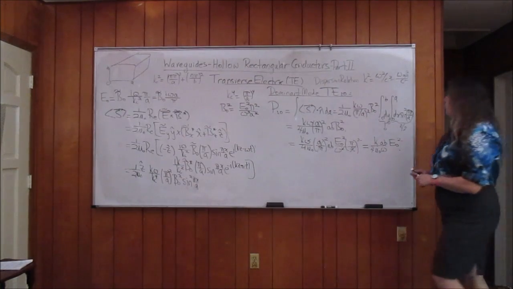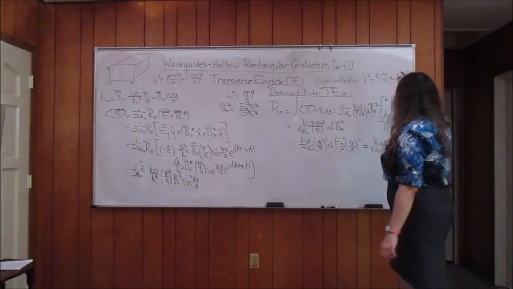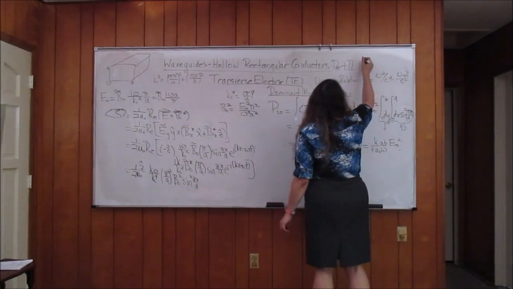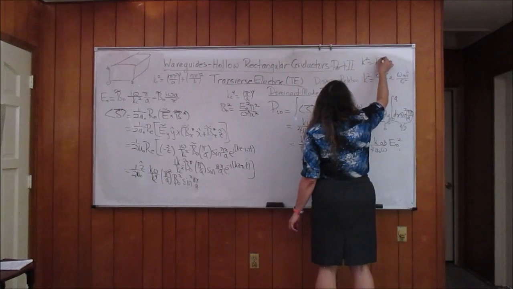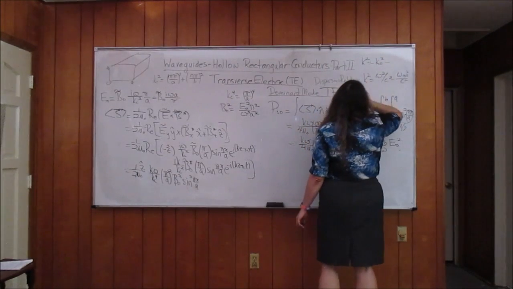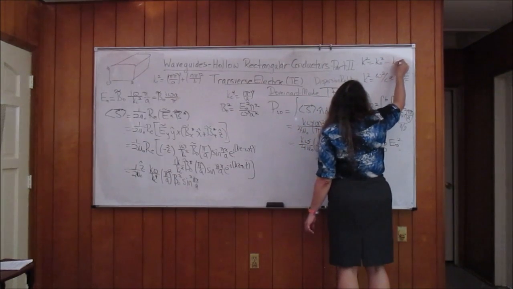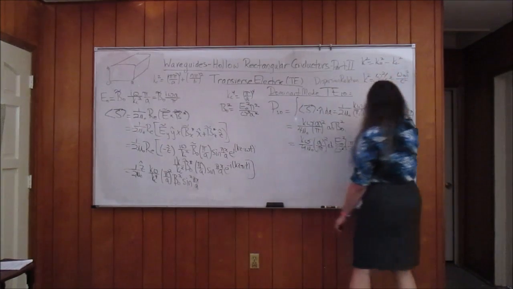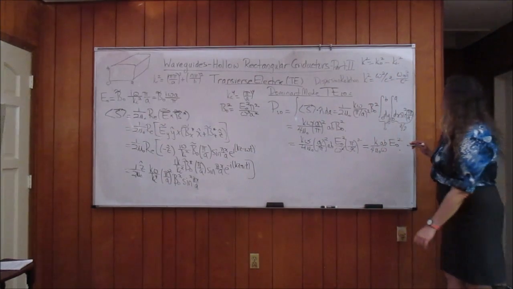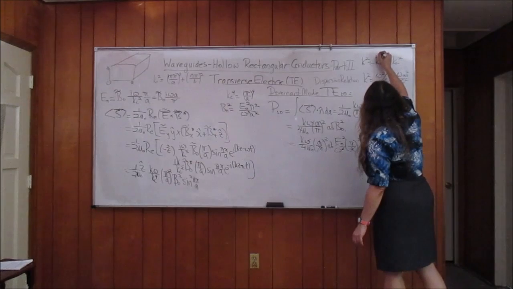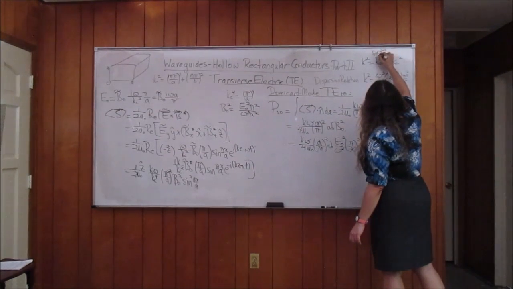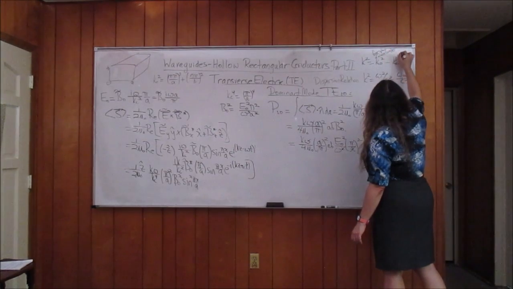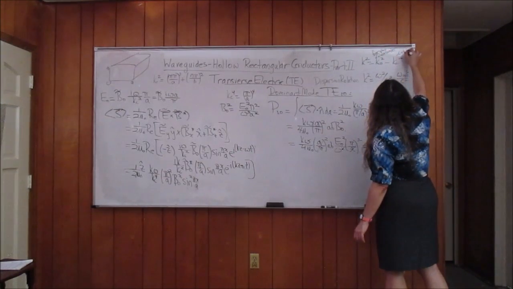And there's another useful way of expressing this as well. So I'm going to rewrite this as k squared is equal to k naught squared minus kc squared. I haven't used the term k naught yet, but basically this is the free space wave number, and this is the cutoff wave number.